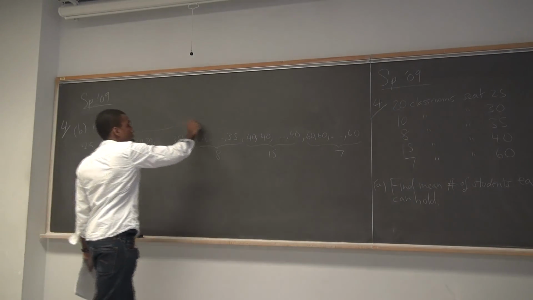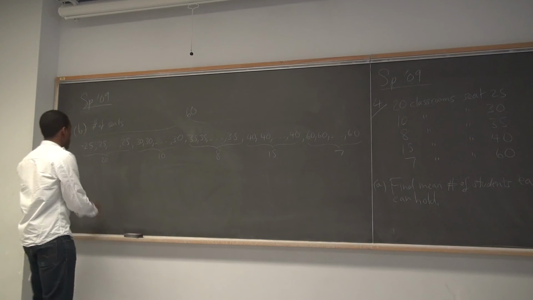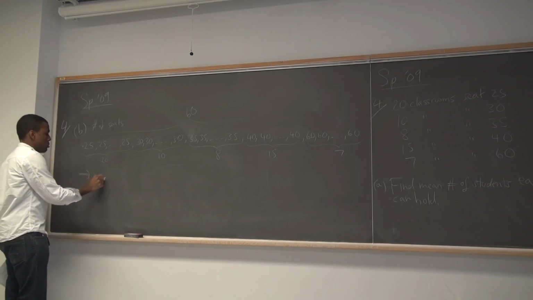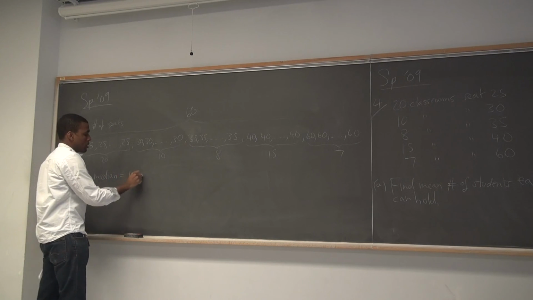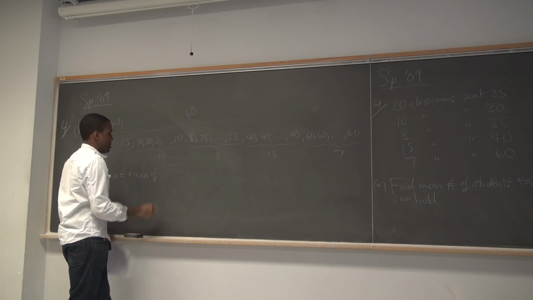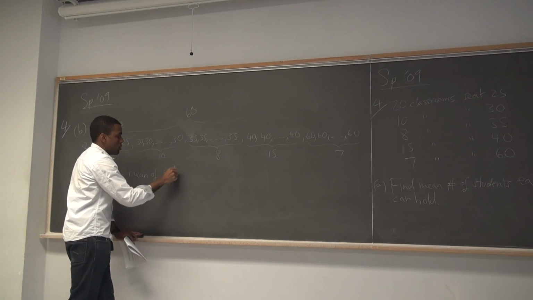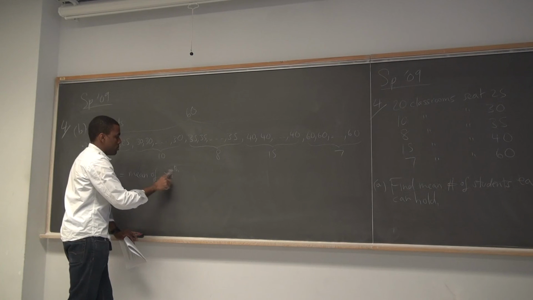And we have 60 total, right? This means median equals the mean of the 30th and 31st number.